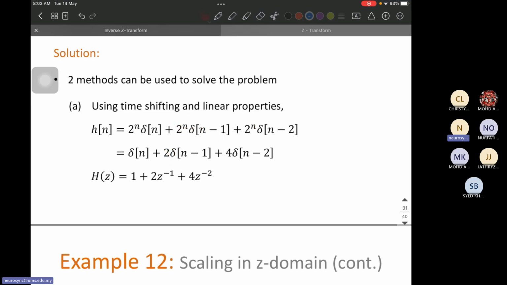Similarly, 2 squared into 2 to the power n minus 2, so a factor 4 comes here. Then we apply the time shifting property. The answer is 1 plus 2 z to the power minus 1 plus 4 z to the power minus 2.